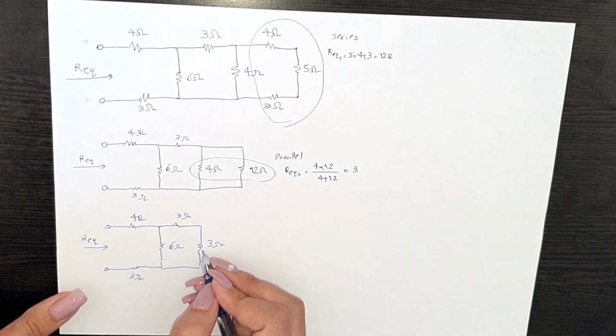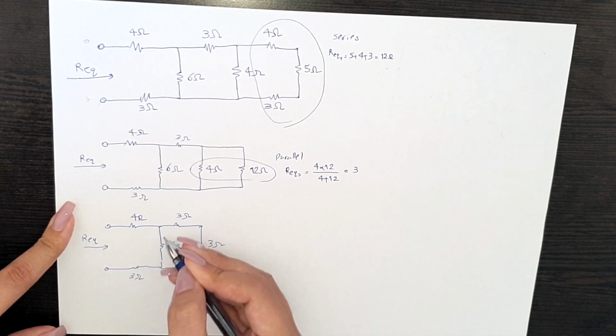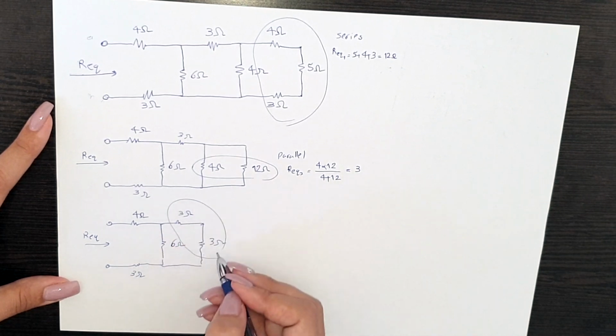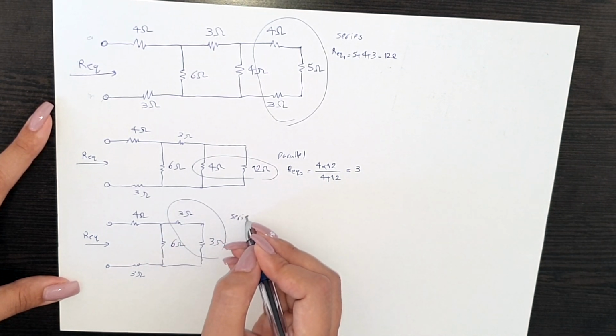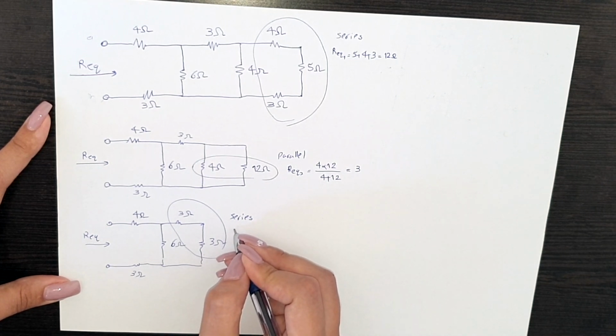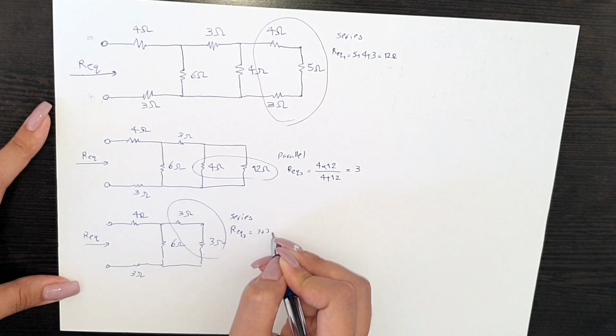Here, as we can see, these two are connected only from one side. From the other side, they're both connected to this one. So we say these ones are also in series, and it makes our equivalence 3. Let's say 3 plus 3, which is 6 ohm.